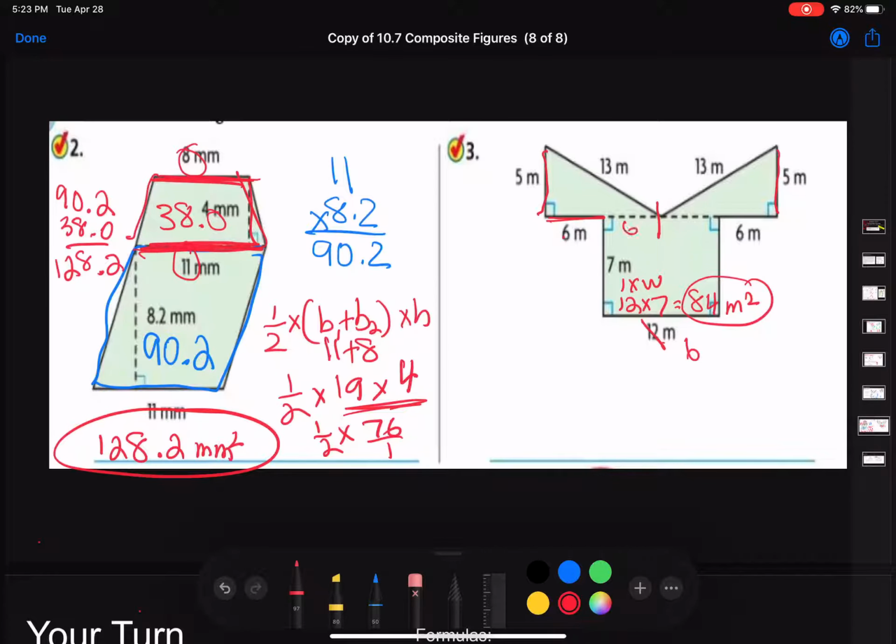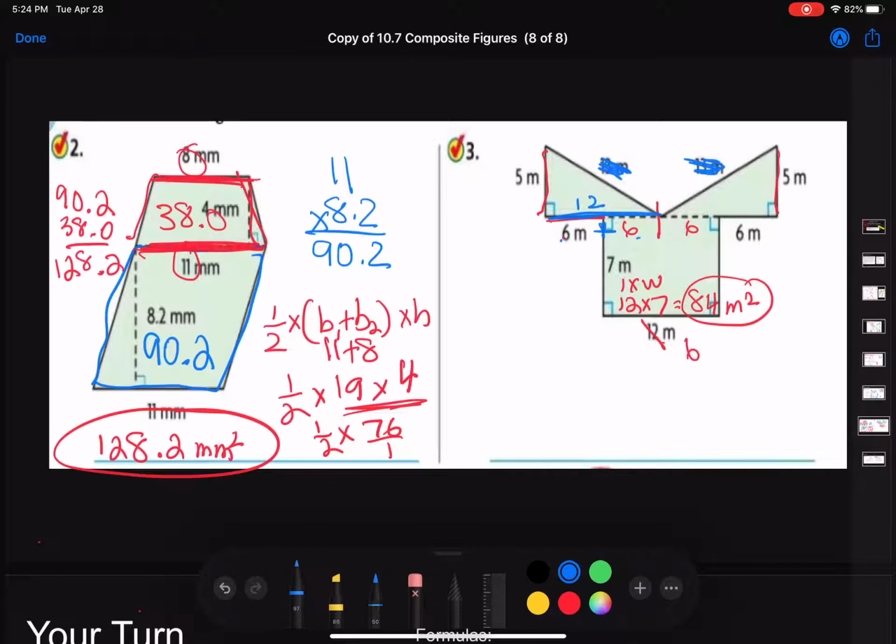So then that means this side is 6 and this side is 6. So then, using a different color here, what's my base? My base is going to be 6 plus 6. So it's going to be 12. Now, they give you the 13. You don't need this 13. It's of no use to you, at least at this stage.